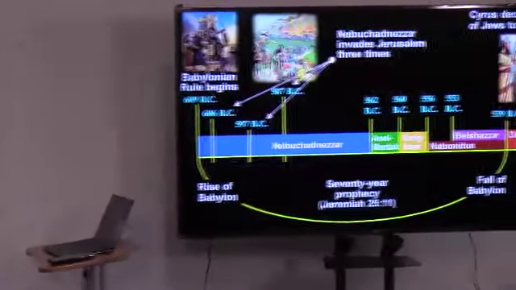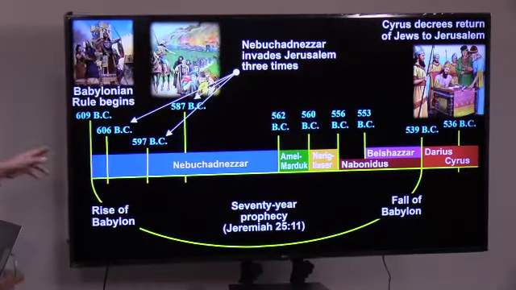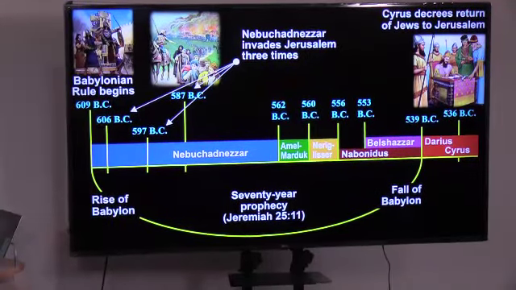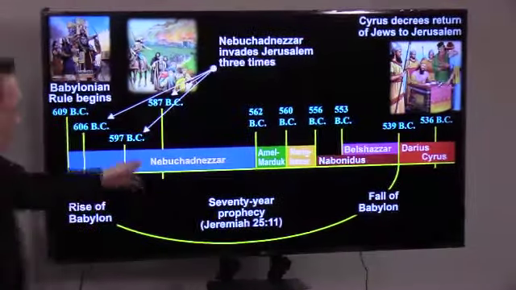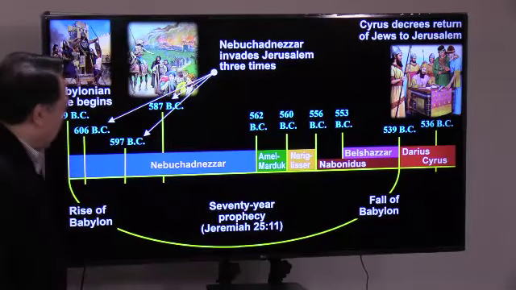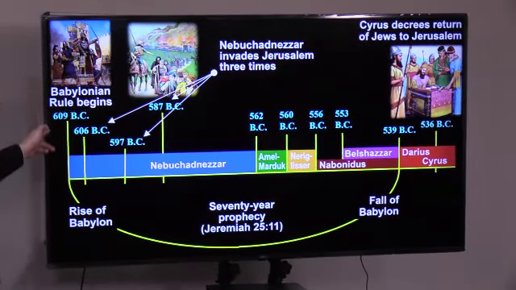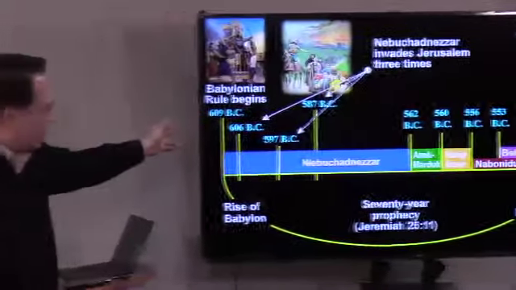There were 3 invasions of Jerusalem by Nebuchadnezzar, okay? 606, 597, and 587 BC. And then we covered Amel-Marduk, we saw Neriglissar, we see Nabonidus and Belshazzar at the back end. So 609 was when Assyria fell under the Medes and the Neo-Babylonians.